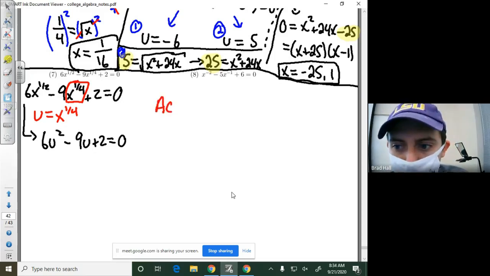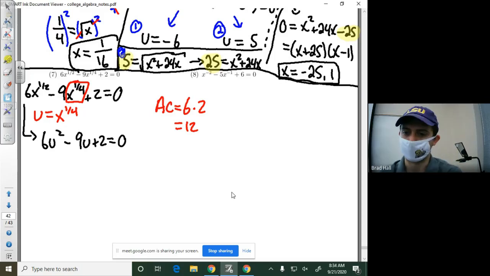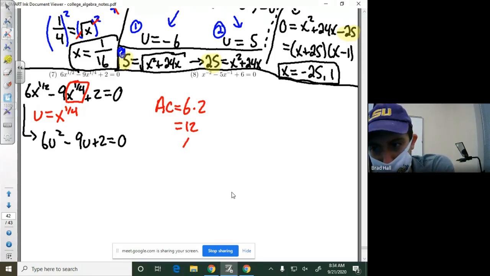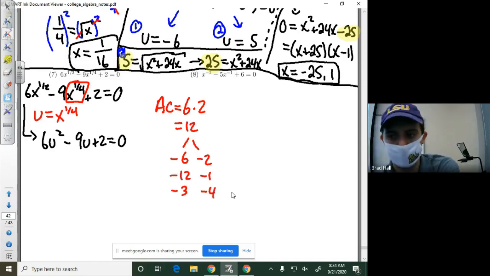So if we use the AC method, that'd be 6 times 2, which is 12. So it's two numbers that multiply to 12 and add to give us -9. That would have to be -6 and -2, or -12 and -1, or -3 and -4.